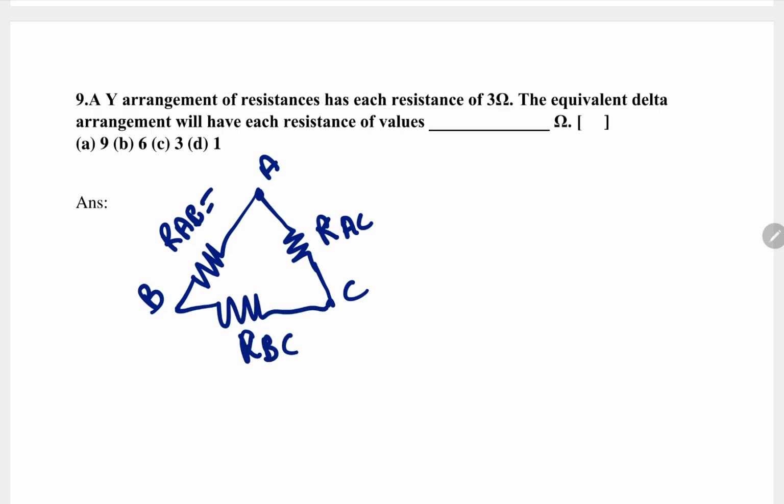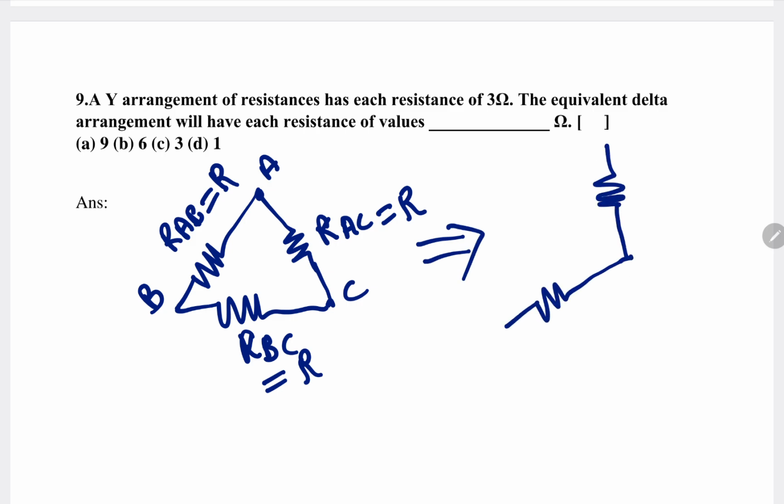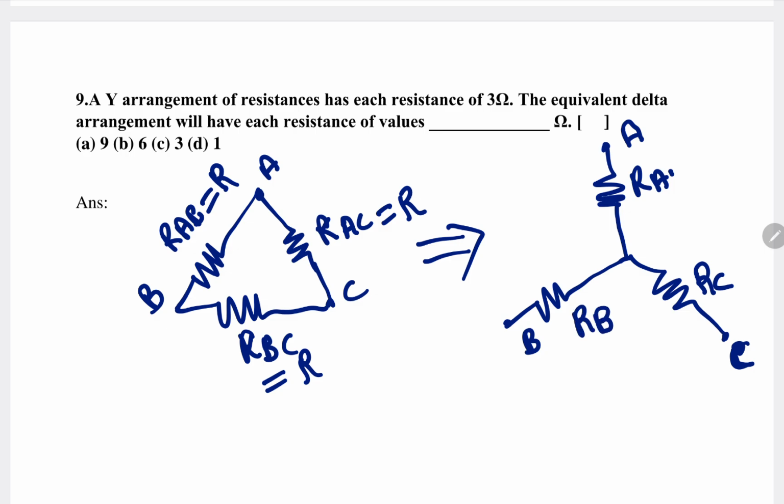But RAB is given as R, RAC is also given as R, RBC is also given as R. Equal resistors are connected in delta form. Then the star network value I want. A, this is RA, and it is C, it is RC, it is B, and it is RB.